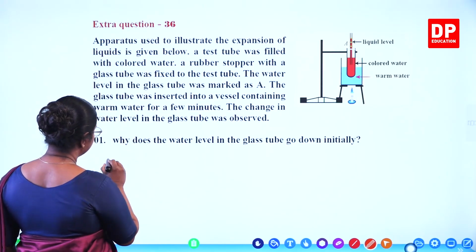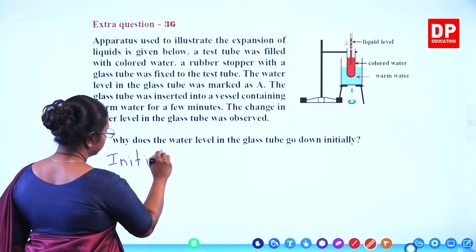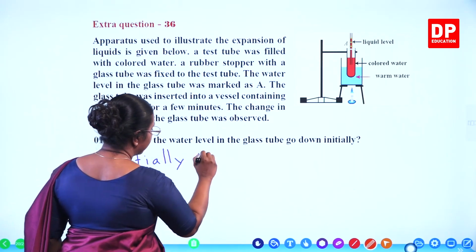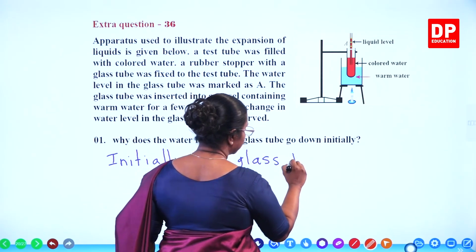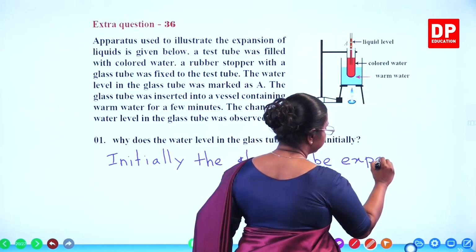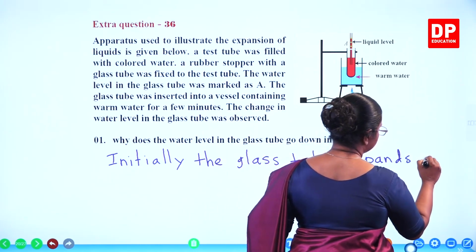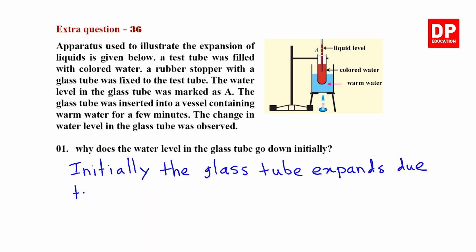So here we can say initially the glass tube expands due to heat.